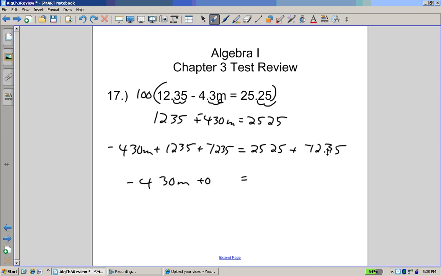Okay, so we're just going to subtract these. Could do it in our head, but better to be safe. Okay, and first addition or subtraction, then multiply, divide.